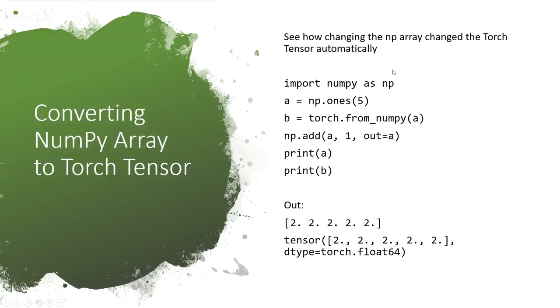Now, see how changing the NumPy array changes the torch tensor automatically. So if we import numpy as np and construct a with np.ones and b with torch.from_numpy, so we're now getting that NumPy array, and we're using from_numpy from torch with that as an argument, and we do np.add, and basically we print that out.